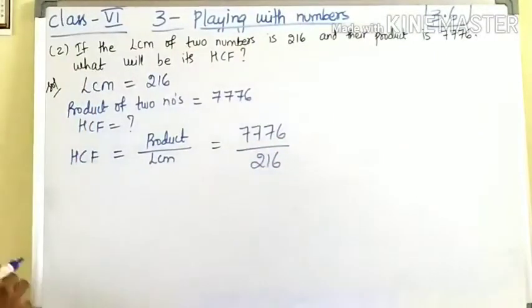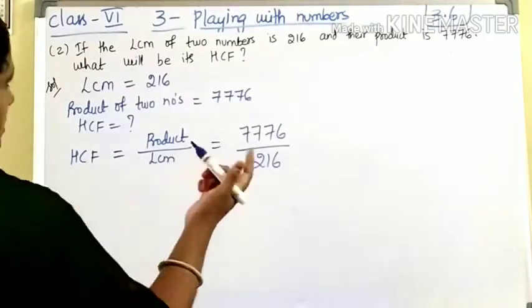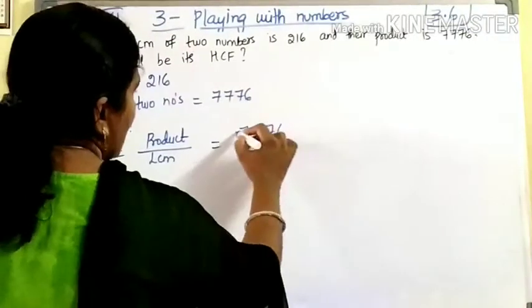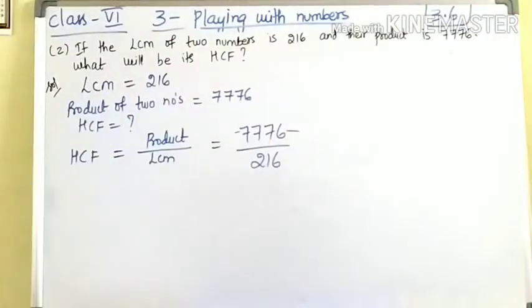Here you can go for division or you can do cancellation. Since you have come to 6th class, children, you better go for cancellation only. Slowly cancel with the 2 table, taking another color pen. Right?